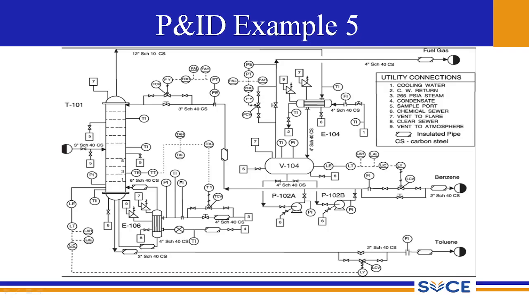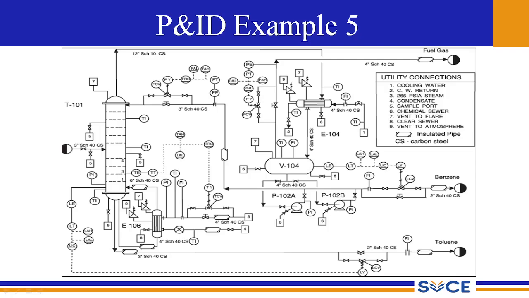So this is the P&ID example for the separation of benzene and toluene, and here also you can look at the various utility connections. So the legend actually says if you have 1 in the process line, then that is representing the passage of cooling water, and if you have 2, then that means it is the cold water return.